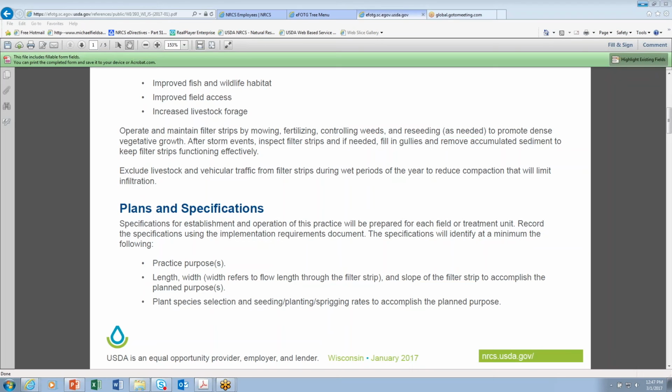So the formula is in the technical note, and it's going to ask you, what is RUSLE telling you? In other words, in that first stretch, what's your soil loss? In the next stretch, what's your soil loss? And then in your last stretch, what's your soil loss? And that's all part of that formula to know that it's going to meet that 10-year flow.